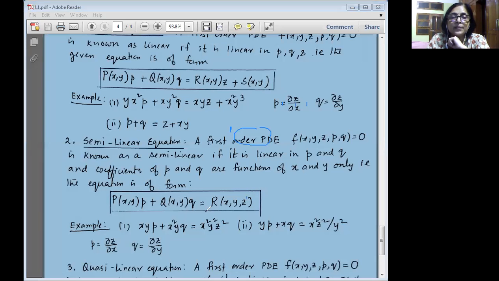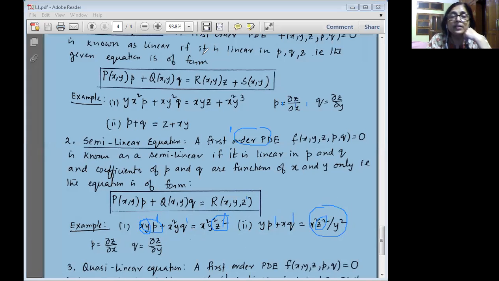So for example, in this example, say this is your capital P(x,y) and its degree is 1, q has got degree 1. But z, if you see, has got degree 2. Similarly, in this equation, z has got degree 2 and this is a function of x, y, z together. Here degree 1, degree 1. So this kind of equation is known as a semilinear equation.